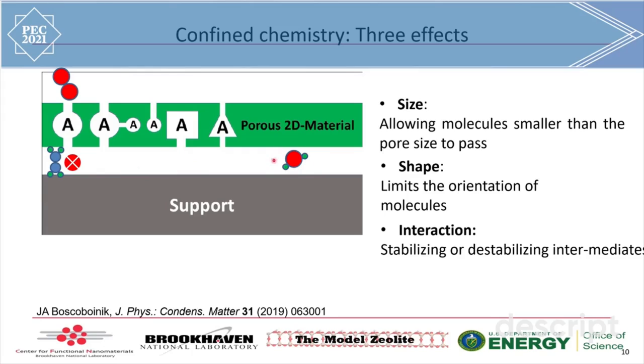And the last one is the interaction between the intermediates and the support or framework, which stabilizes or destabilizes the intermediates. I will talk more about this with the case of the water formation reaction under silica on ruthenium.